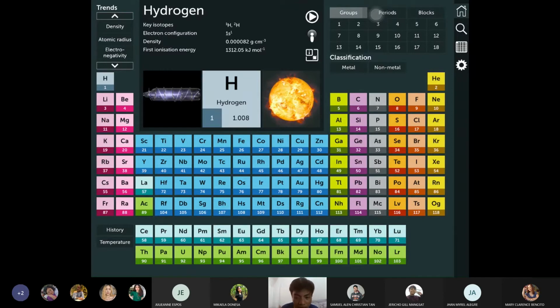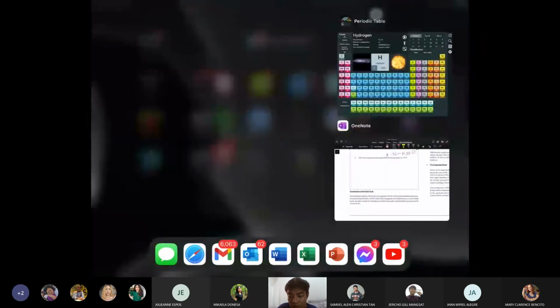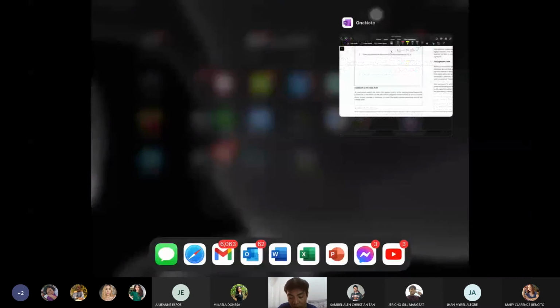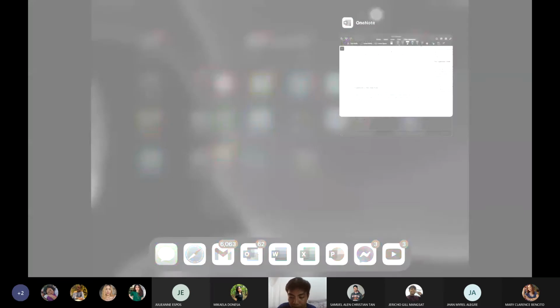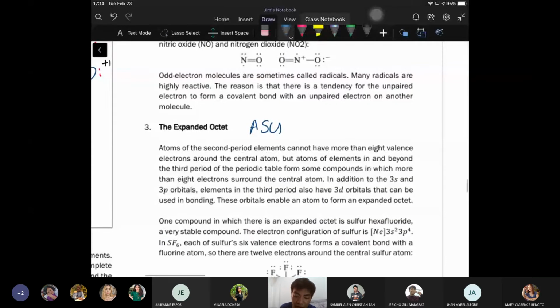How about the atoms in the third period pababa? They have the d orbital and the f orbital. So that means they require more electrons, no, for them to be stable. Okay? So they will need more electrons for them to be stable. So they may violate the octet rule. Okay? So yun yung expanded octet, no. Kapag yung atom natin, they can contain more electrons than the 8 electrons.